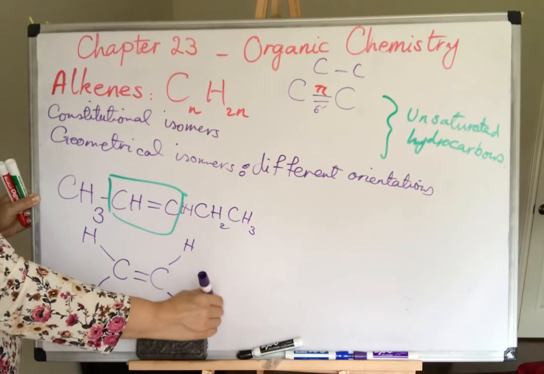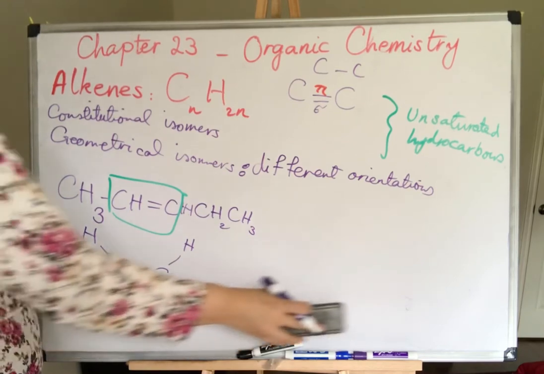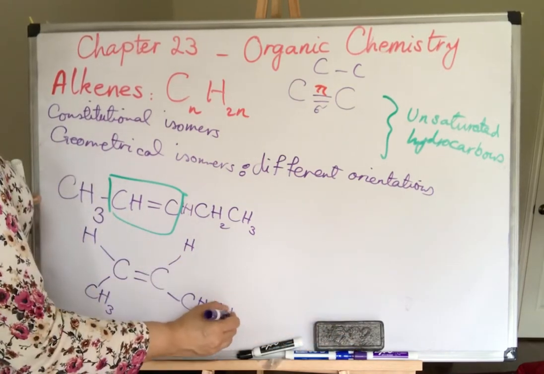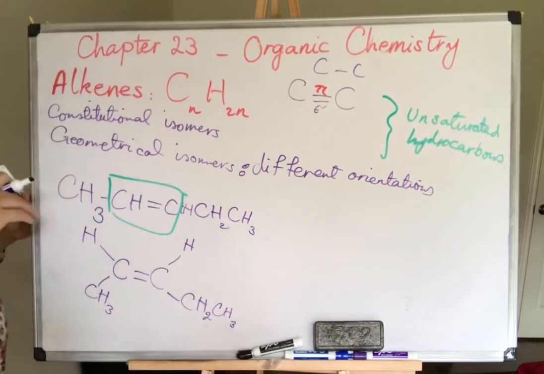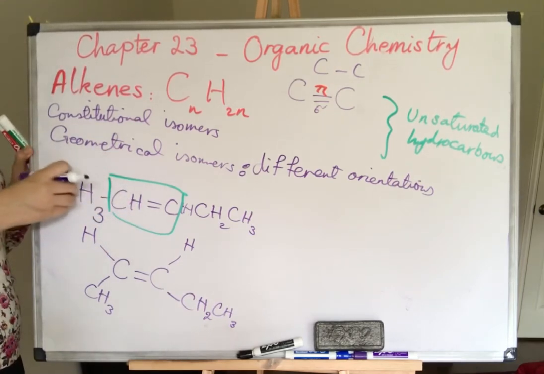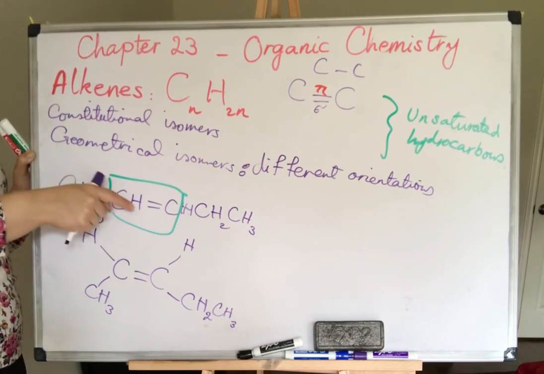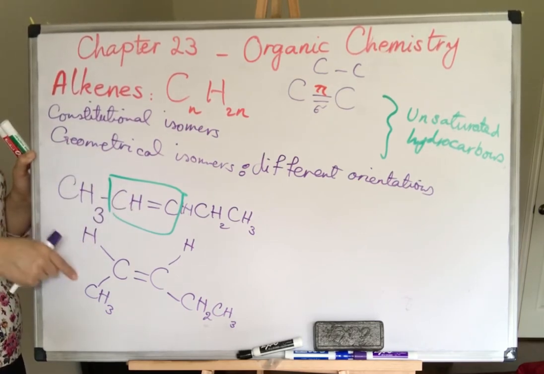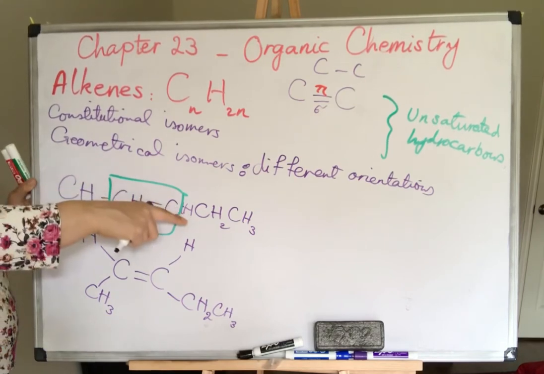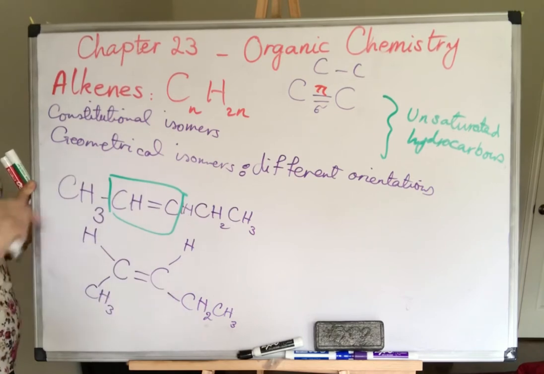So one more time, if I want to draw the geometrical isomers of an alkene, I first put the carbons of the double bond, and then I put the rest of the atoms on each carbon of the double bond. On the carbon on the left side, there is a hydrogen and a CH3. On the other one, you have another hydrogen and a CH2, CH3.